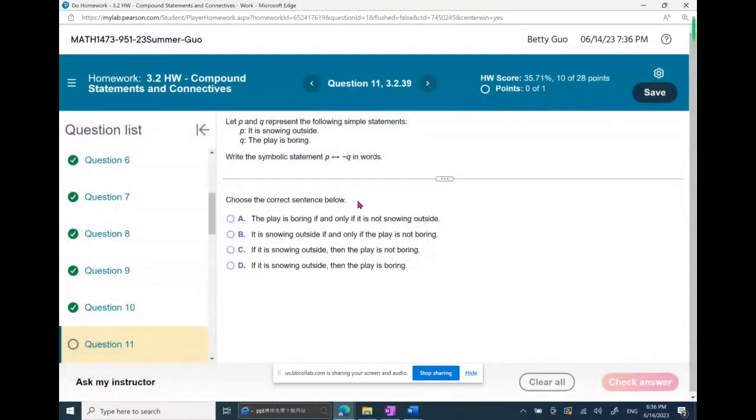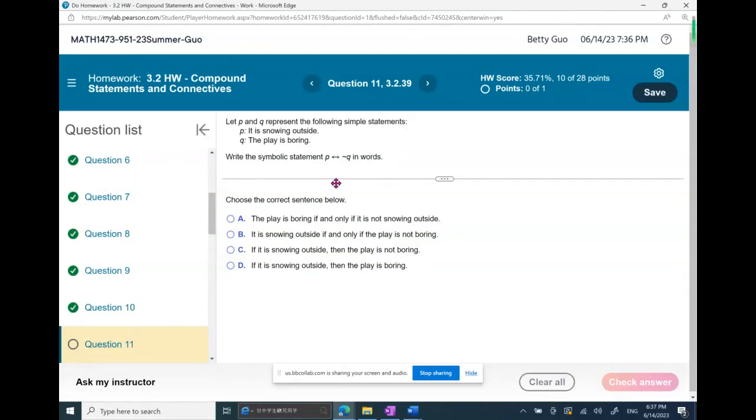Number 11. P is the statement, it is snowing outside. Q is the statement, the play is boring. So we need to write this compound statement in words. Okay, tell me. Look at the symbol here. Are we looking at a negation or a conjunction or disjunction or conditional or biconditional? Please respond to my question. Do you see the double arrow in between?